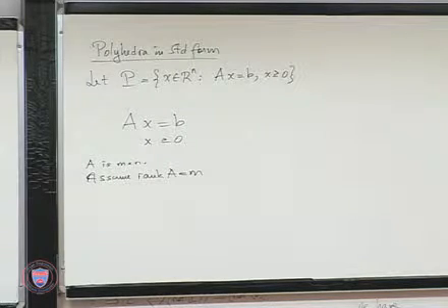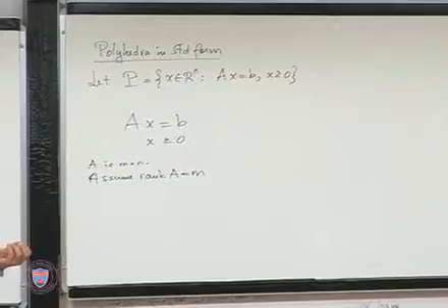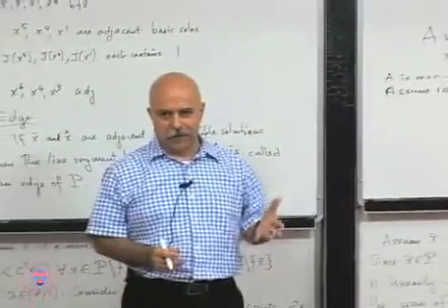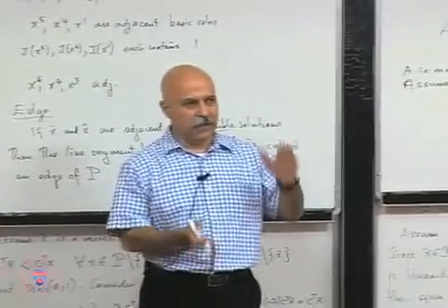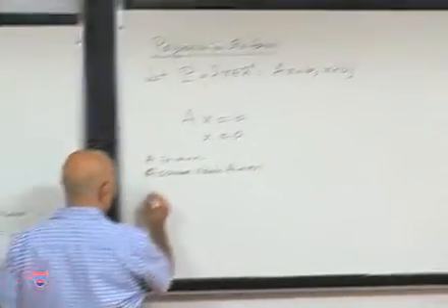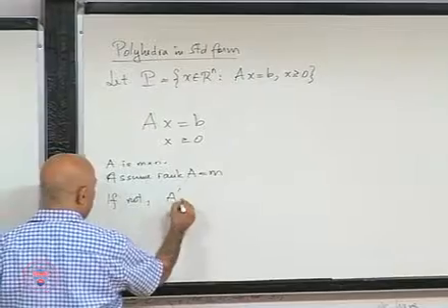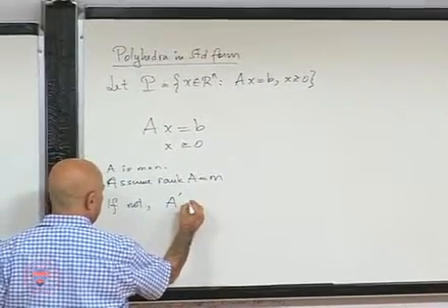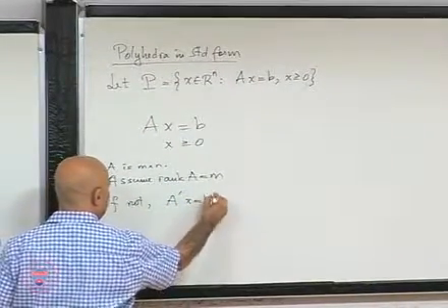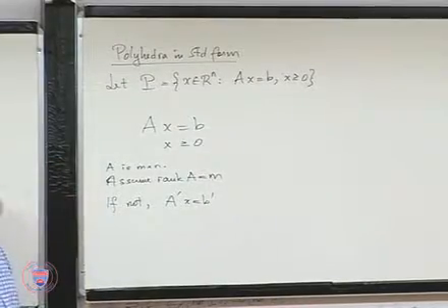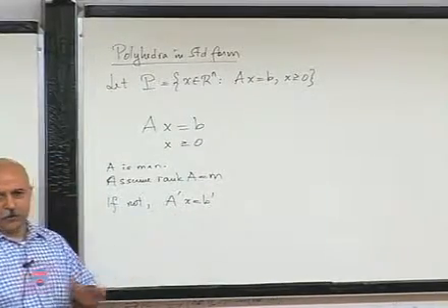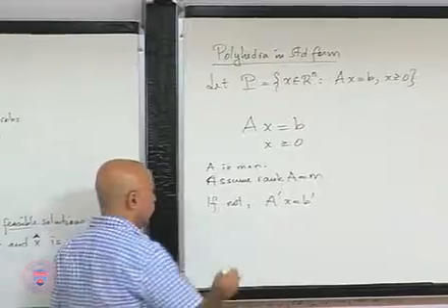Why is this without loss of generality? Because if the row rank is less than m, you use certain equations to eliminate certain variables, as many as necessary, until you get a system A prime x equals b prime. A bunch of rows are eliminated.